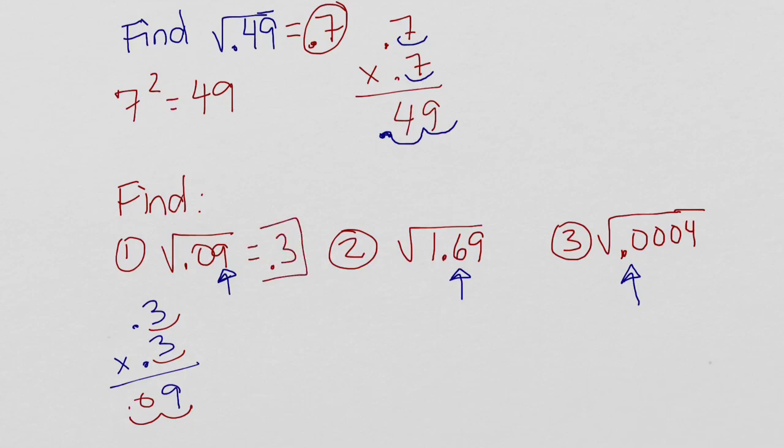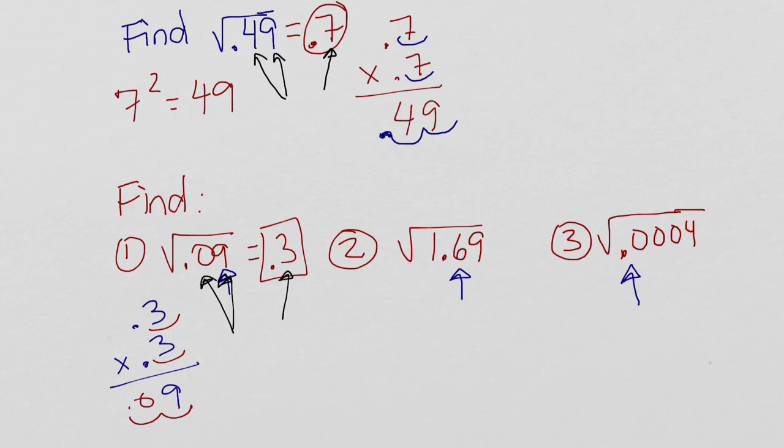If you look at both the previous problem that we did with 0.49, if you count the number of decimal spaces, we've got 2 in the answer, in the square root, and we have 1 decimal space outside. Again, here on number 1, we have 2 decimal places after the decimal point, and we only have 1 on the outside.